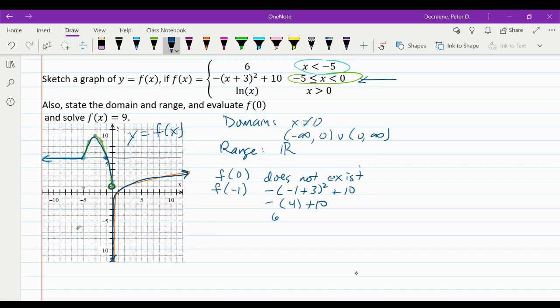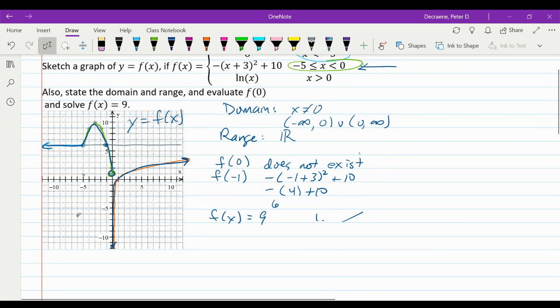And if we want to solve f of x equals 9, we really have three equations we have to look at. The first equation is y equals 6. Wait, I can't make it equal 9, so there's no solution to that one. The second equation would be the opposite of (x plus 3) squared plus 10 equals 9.